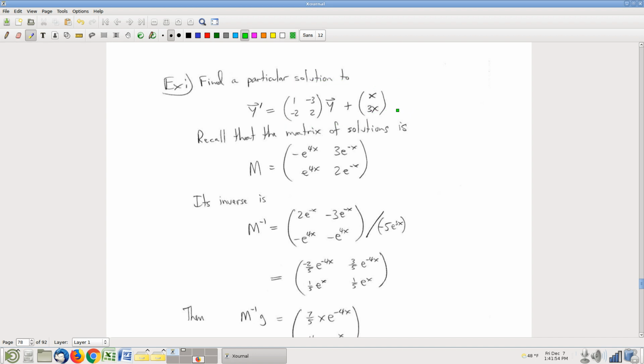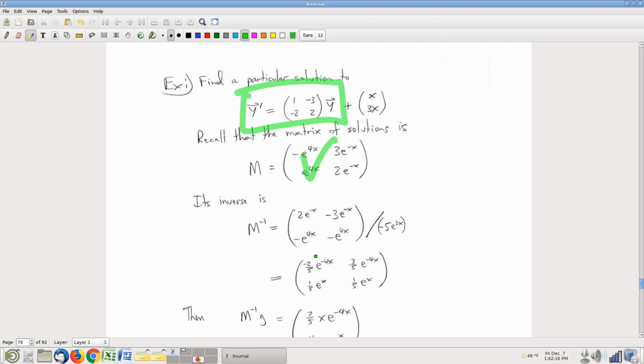You identify the homogeneous portion. You find the fundamental solution matrix. Now, of course, we spent a bunch of time talking about how to do that. This one is diagonalizable, and so you use the methods from 6.2 to write down the solutions and therefore the fundamental matrix.